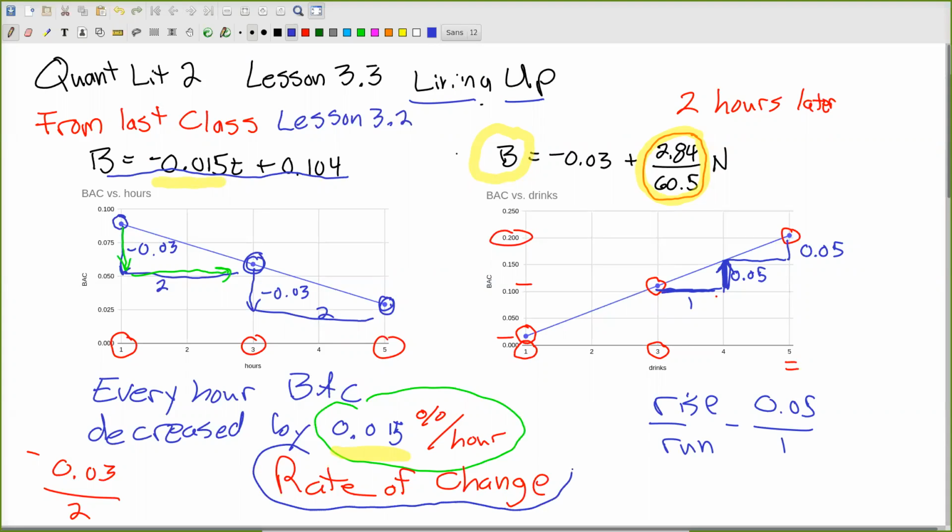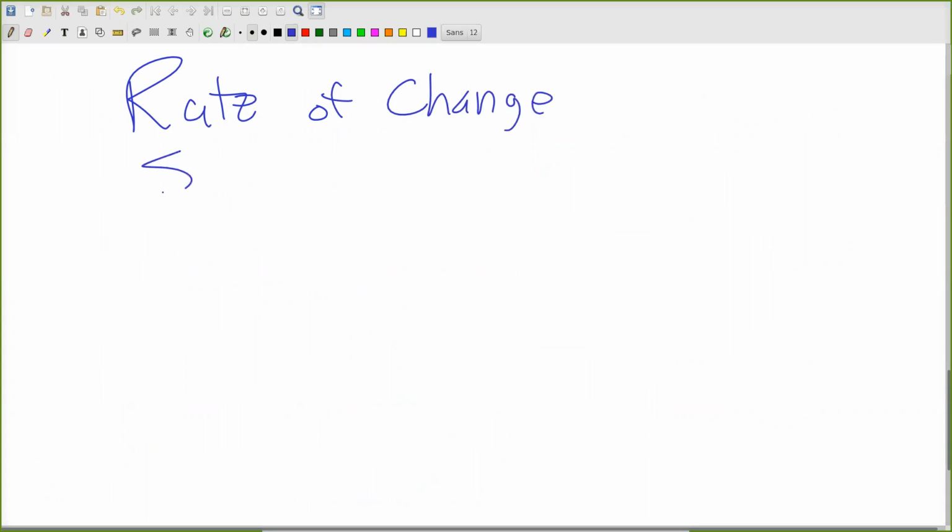So over the next 3 lessons now, maybe 4, we're going to play with this idea of rate of change. All right, so another example of rate of change. It's also known as slope. Graphically, it's a rise divided by a run.